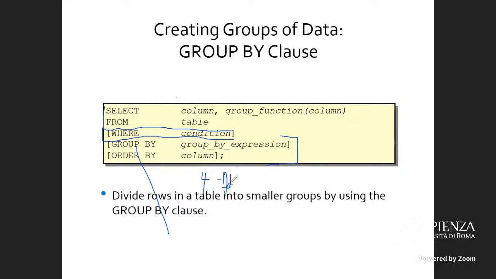So if you are trying to find something in the department, we can say we want to subdivide our data by the department. I want everything, but I want to know how this relates to, let's say, the IT department. And then I would say group by.